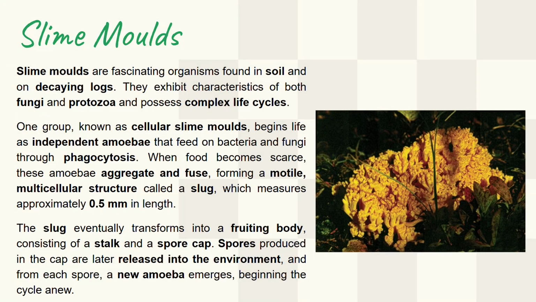We have one group known as cellular slime mold. Its life begins as independent amoebae that feed on bacteria and fungi through phagocytosis. And when food becomes scarce, these amoebae aggregate and fuse, forming a multicellular structure called a slug.